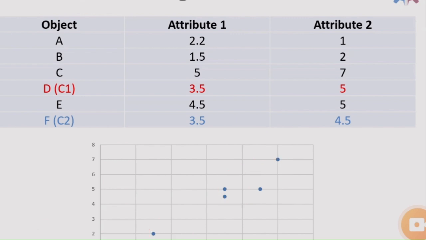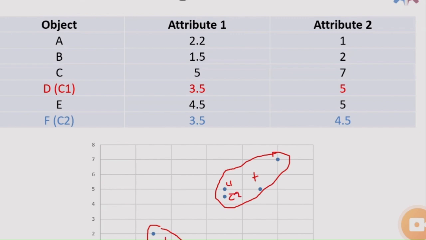Now imagine that we still understand that this looks like one cluster and this looks like another cluster. But this time I have randomly picked these 2 points as C1 and C2. This is C1 and C2. Now this was supposed to be the center, and this was supposed to be the center at the end of your calculations.